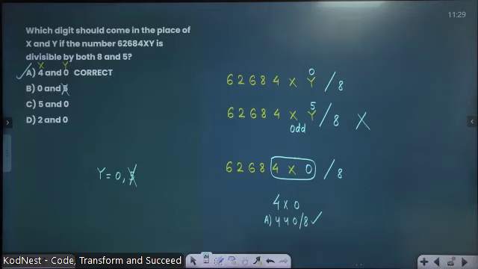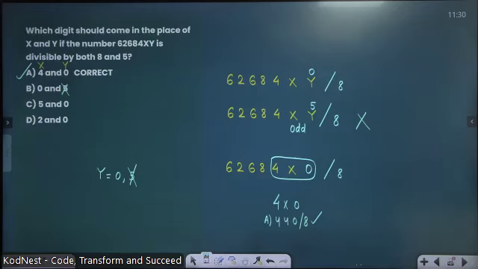Don't start with 8. Yes, x equal to 0 also will give you a number divisible by 8.